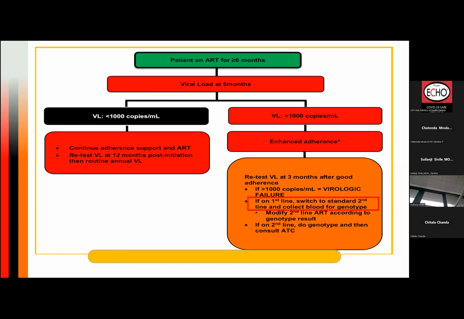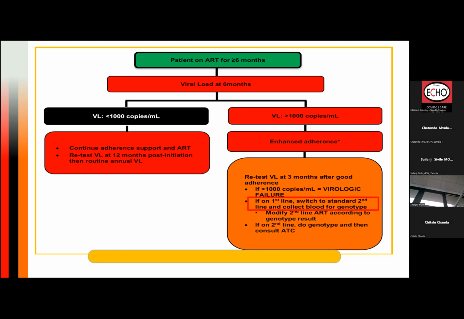Typically for the test to pick virions that are resistant, you need those resistant virions to be at least 20% of the population. If most of the virions are wild type because somebody isn't taking ART, the results will not be good enough. It will just show the wild type.